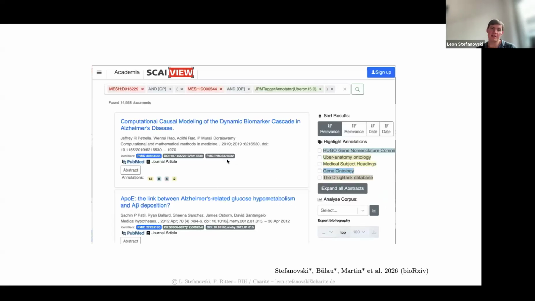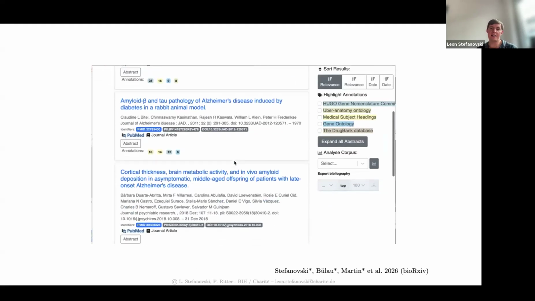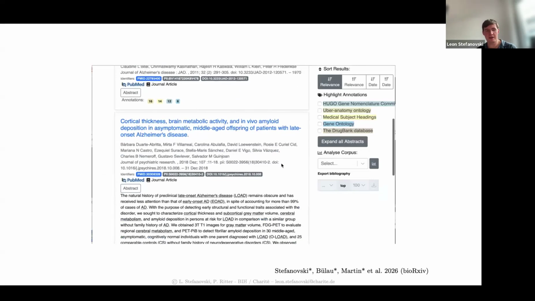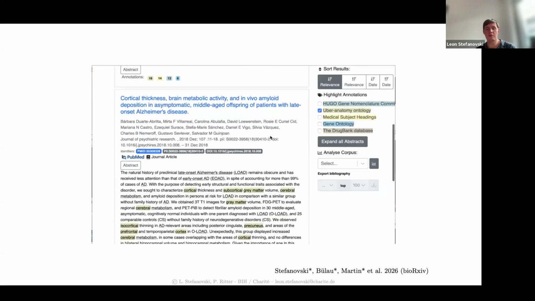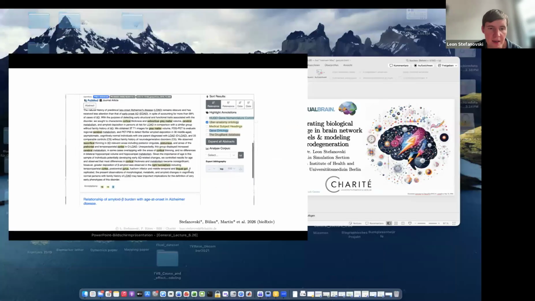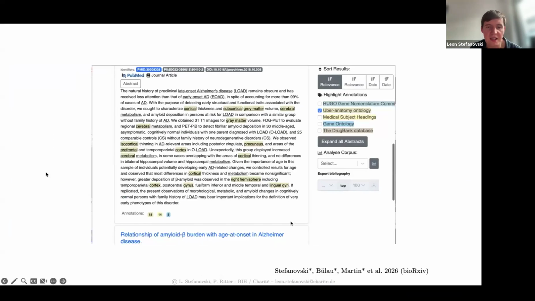But what is the difference here is that these articles are highly annotated by text mining, so the words are marked. Like, for example, genes: the gene names or the gene symbols are marked as a gene and linked to, in that case, the gene ontology, HGNC. But it also marks anatomical terms.